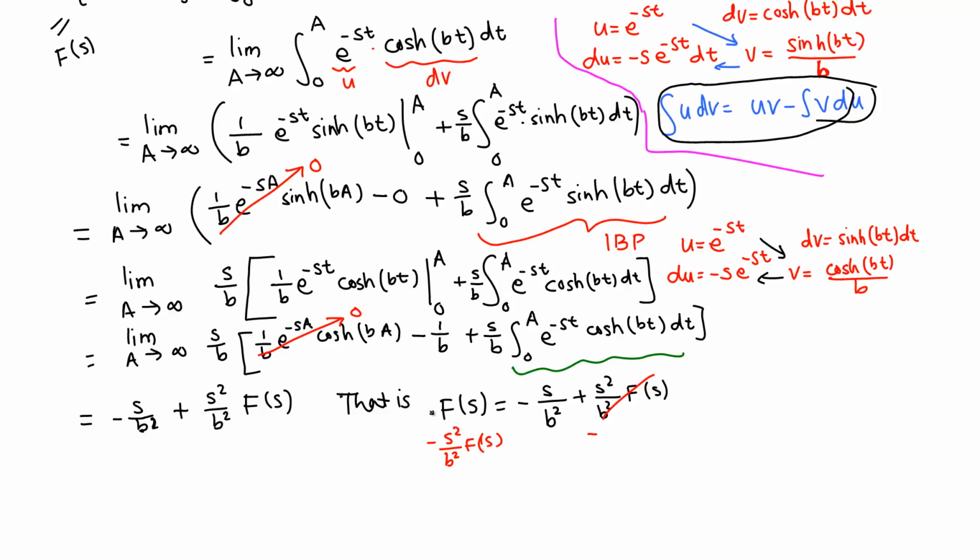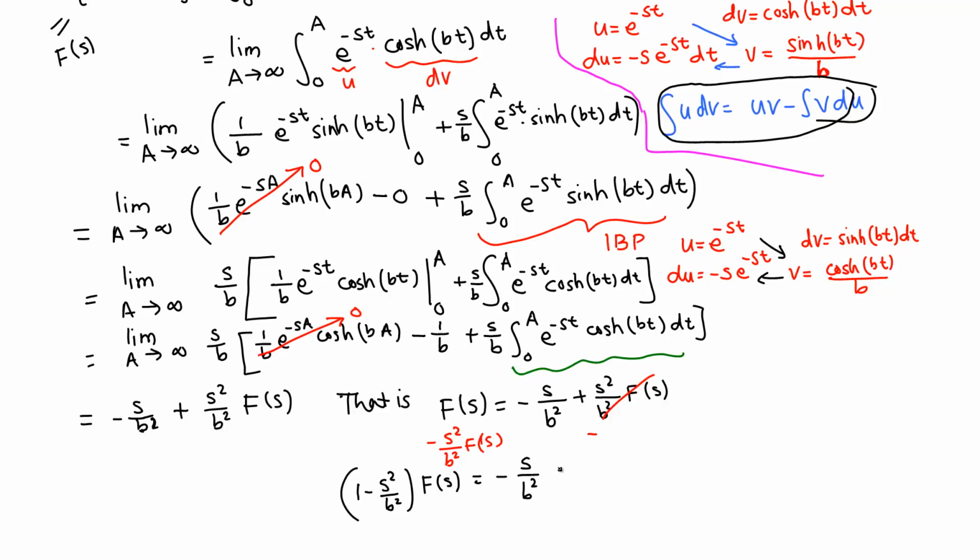And we have now one copy. Here is the s squared over b squared copy. So when we factor F(s) out, this is 1 minus s squared over b squared copies of F(s) is equal to negative s over b squared.